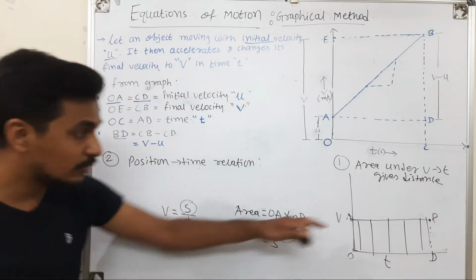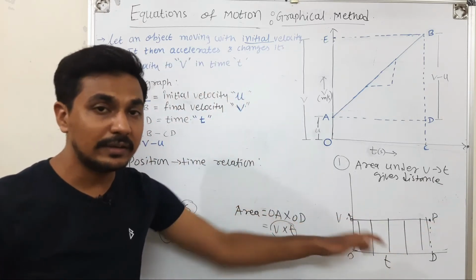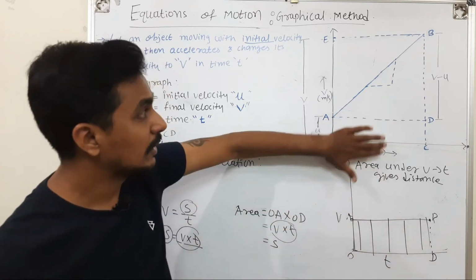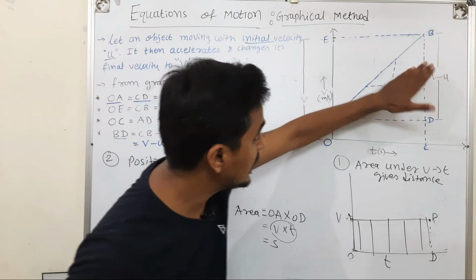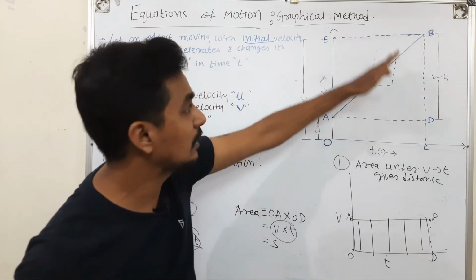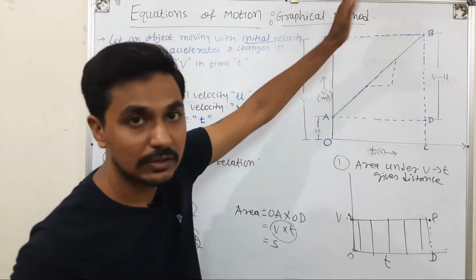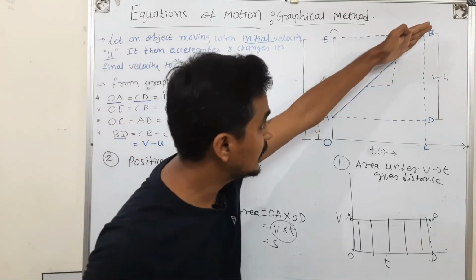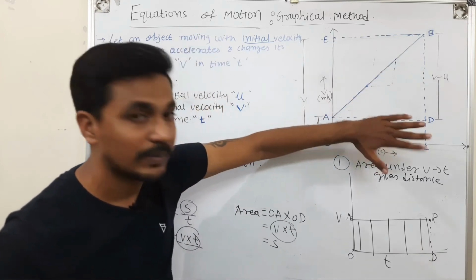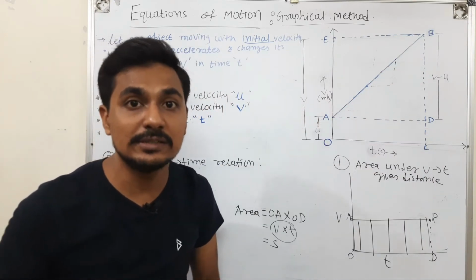Now using this fact we can derive the equation. Here the graph is a little bit different, but again if you find this area, see this is the graph. This area is under the graph and this area is above the graph, but what we want is the area under the graph. This area under the graph will give us the distance covered.